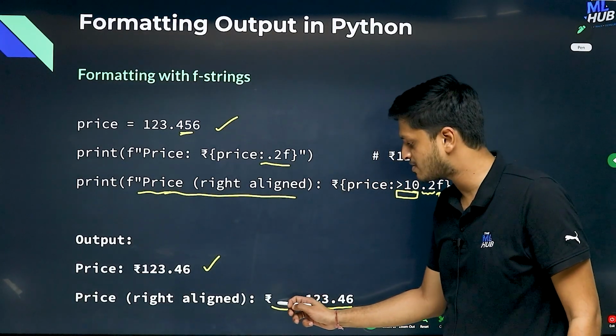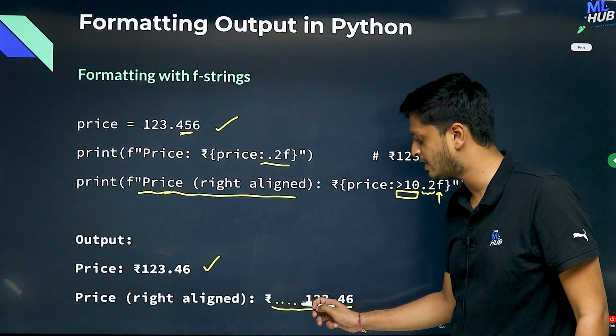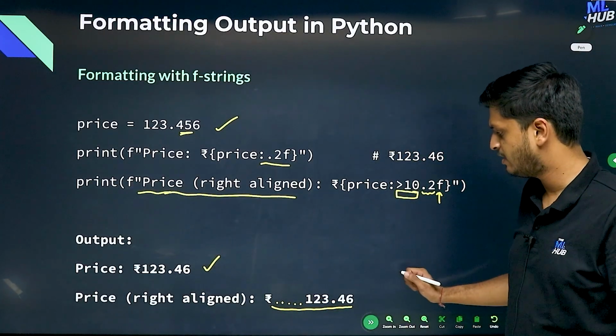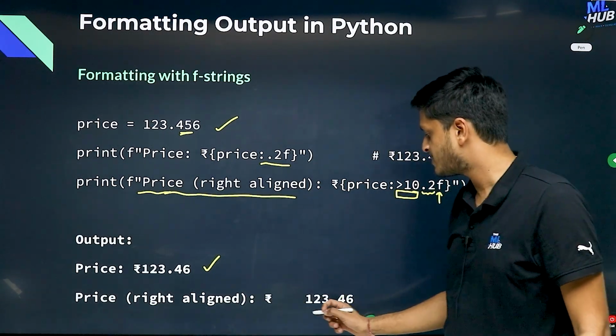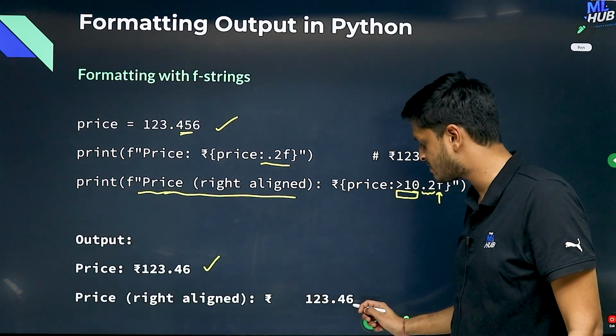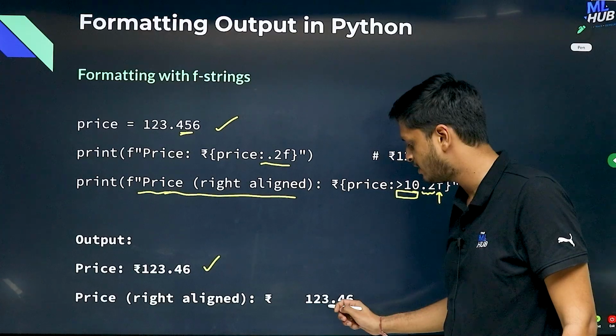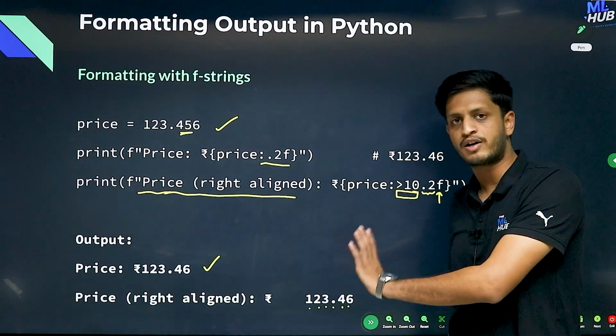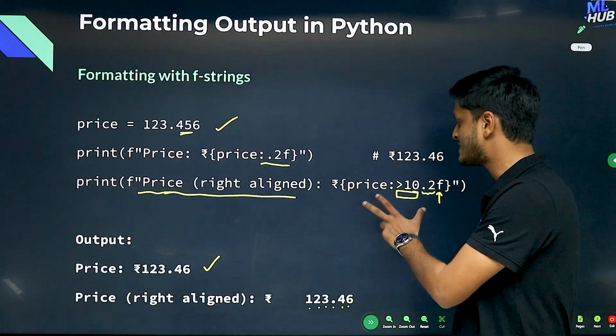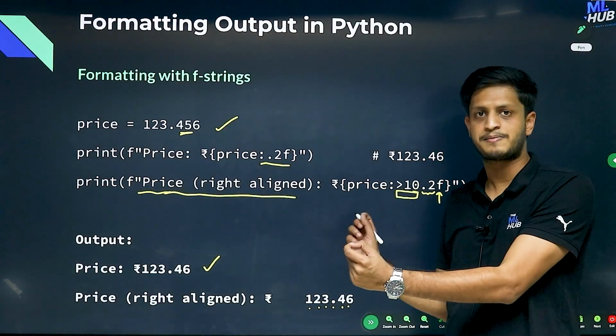So 5 spaces will be added, 1, 2, 3, 4, 5, or actually 4 spaces will be added, sorry. 4 spaces will be added because see, 6 characters are already there: 1, 2, 3, 4, 5, 6. But I want exactly 10 characters of space.